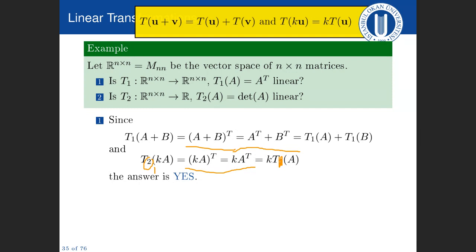What about T2? Is the determinant a linear transformation?